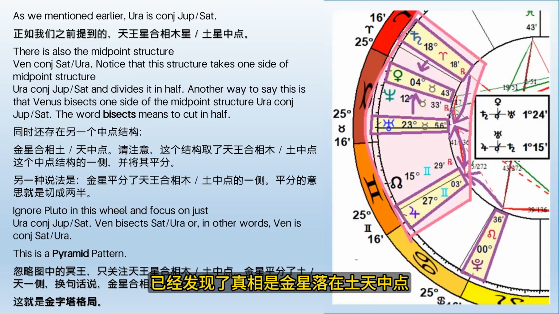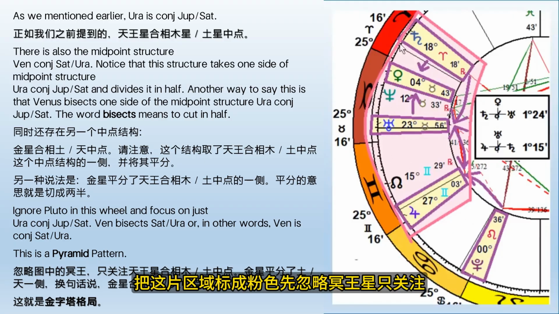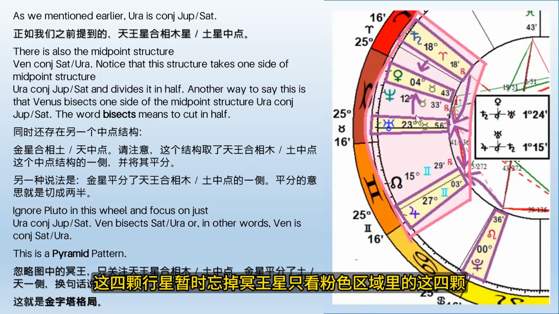What's happening is that Venus is at the midpoint of Saturn and Uranus. What I've done here is I've put in pink, I've colored in this area to leave Pluto out of the picture so we can focus on just these 4 planets.